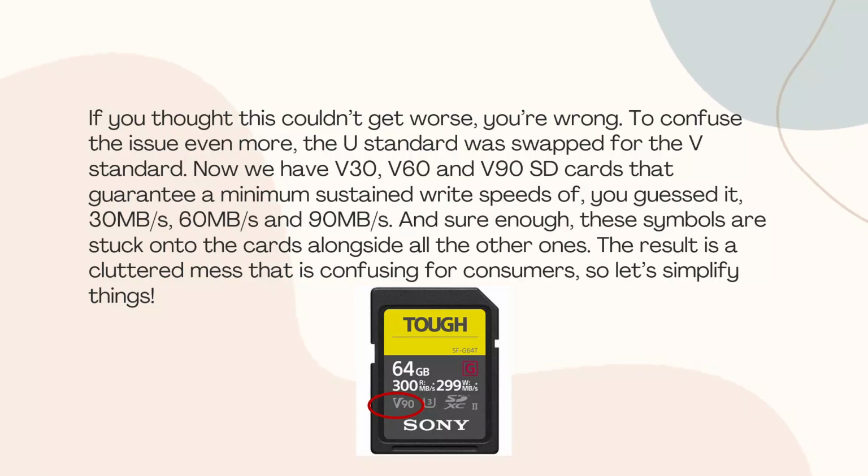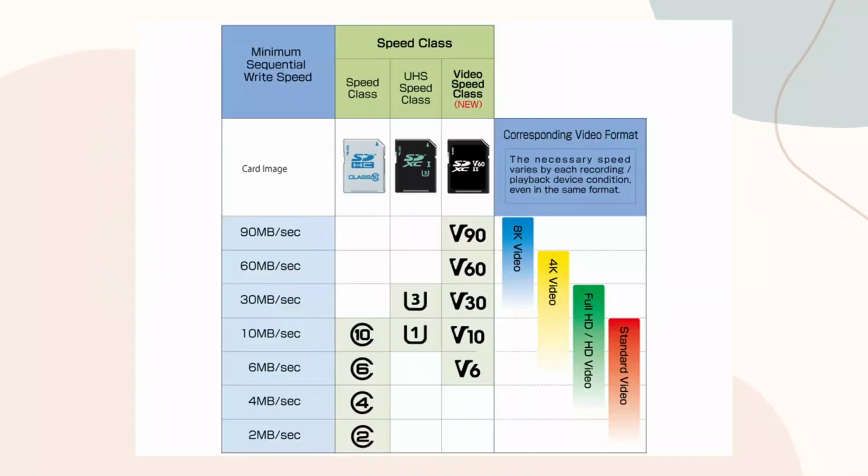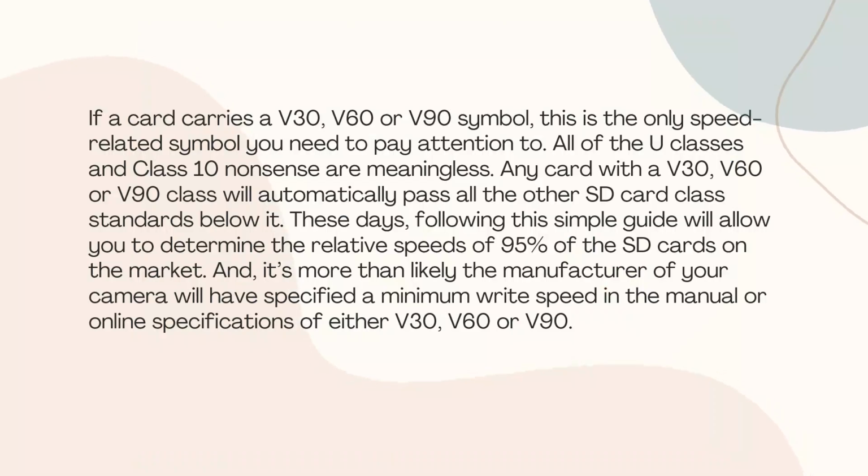So let's simplify things. Here's a chart that helps you. If a card carries a V30, a V60, or V90 symbol, this is the only speed-related symbol you need to pay attention to. All of the U classes and Class 10 nonsense are meaningless. Any card with a V30, a V60, or V90 class will automatically pass all of the other SD card class standards below it.